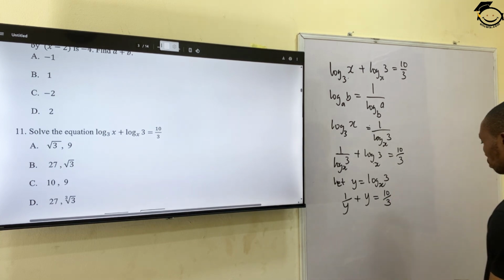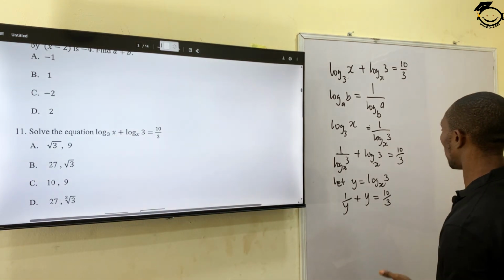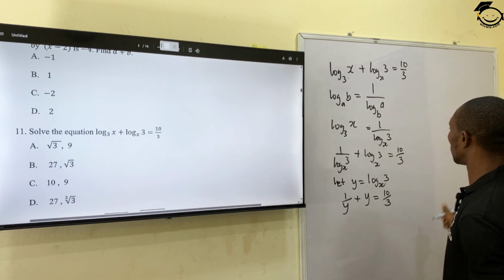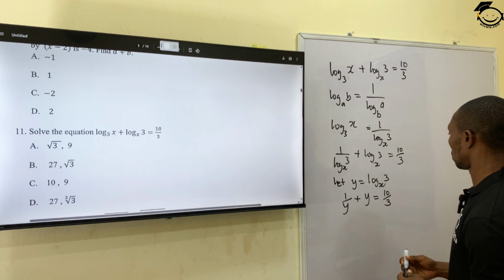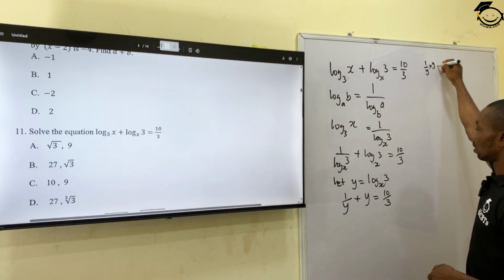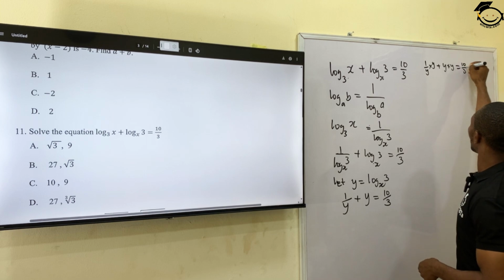Okay, now from this point, we can multiply all through by y to eliminate this. This will give us 1 over y times y plus y times y equals 10 over 3 times y.